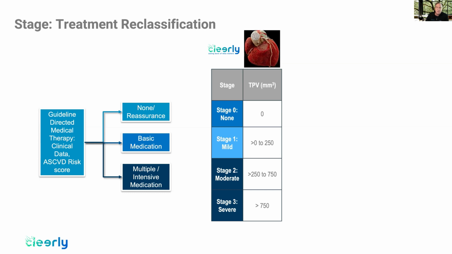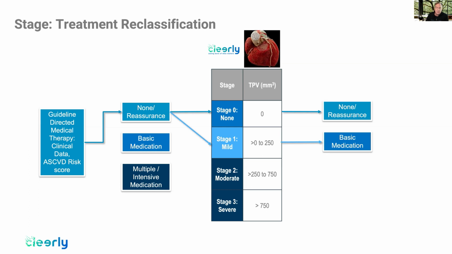So at times that would line up quite nicely with the staging system, in which case nothing would change. However, we know at times people don't meet the guideline limits for disease, but their atherosclerotic burden is actually there.